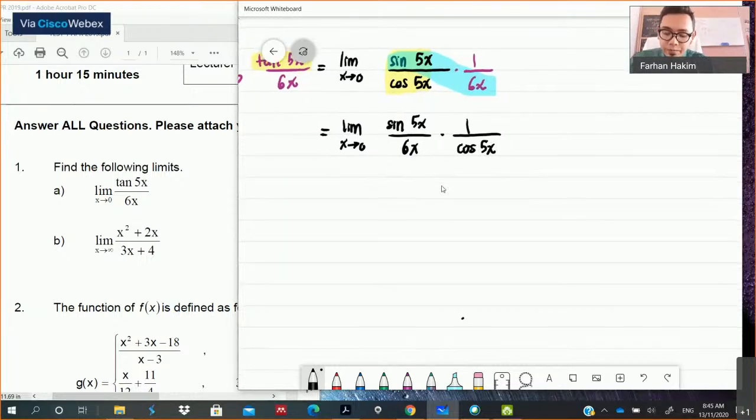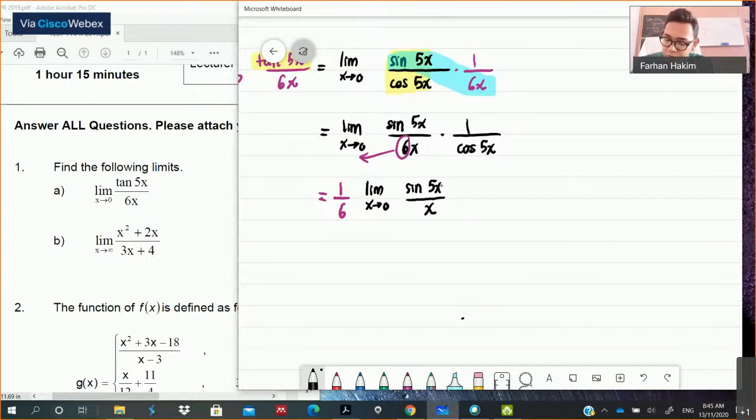Now we are almost there, but we have 5x here and 6x here. So the strategy is to bring that 6 outside the limit. So we'll have 1 over 6, which is that 6 I bring outside, times the limit as x approaching 0 of sine 5x over x.